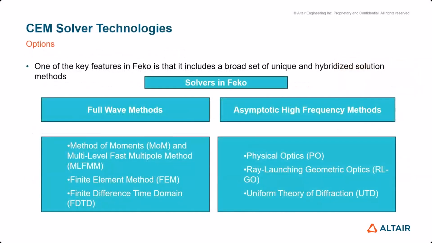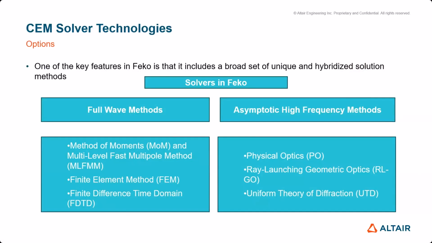So in Feko, you have several different options when it comes to computational technologies. They can be broadly divided into two categories. We have full wave methods, and then we have the asymptotic or high frequency methods.